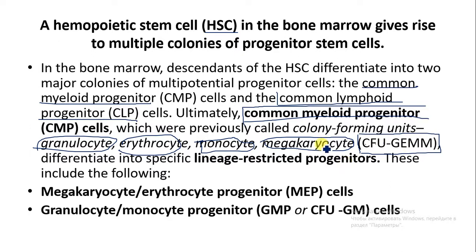Later, the CFU-GEMM is differentiated into lineage-specific progenitors, known as MEP, megakaryocyte erythrocyte progenitor. According to the name, you can conclude that it's responsible for erythrocyte and megakaryocyte formation. What is a megakaryocyte? We'll discuss it a little later, but a little spoiler: it's responsible for platelets formation.